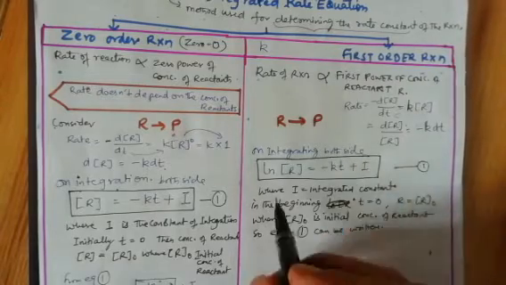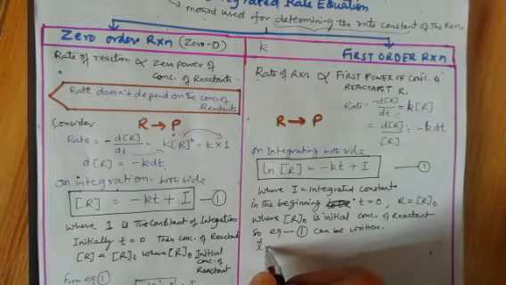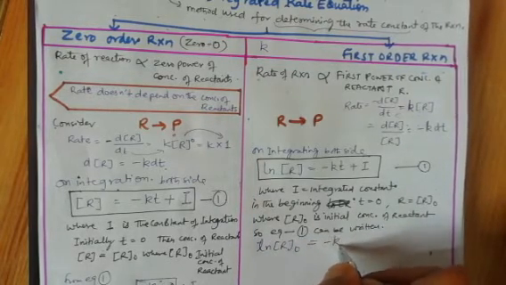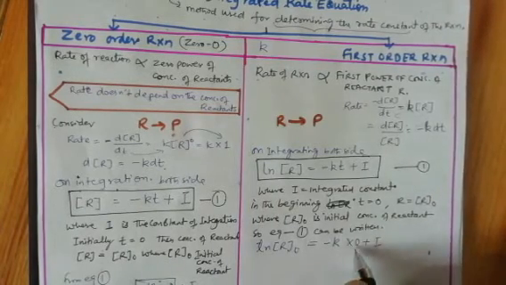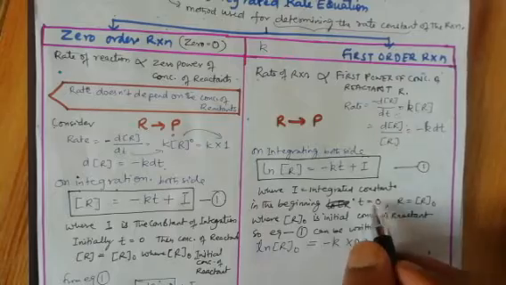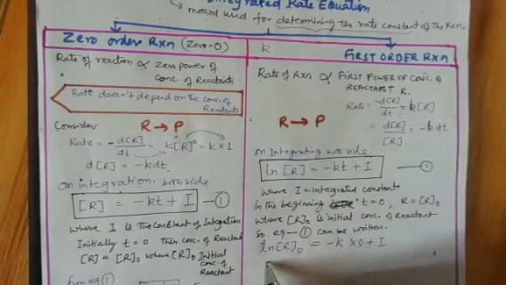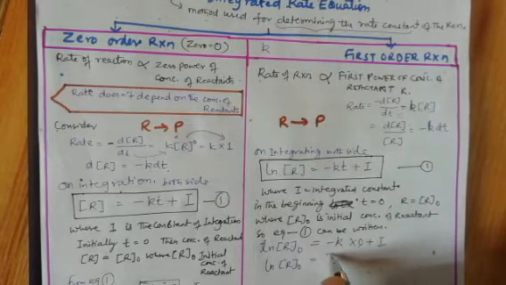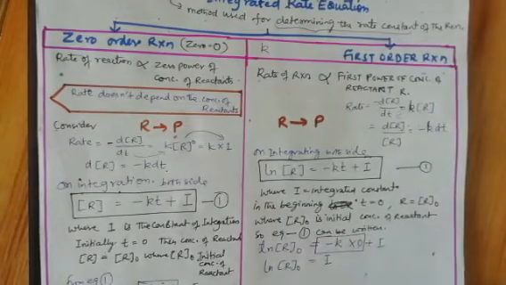It can be written as natural log R naught is equal to minus k into 0 plus I. Now why is k into 0? Because t is 0 and R is R naught. So the equation becomes log R naught is equal to I only, because k into 0 is 0.